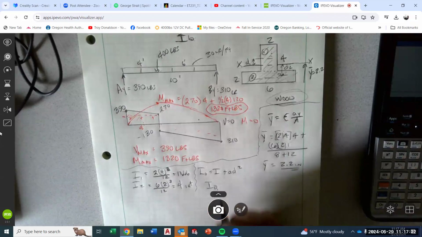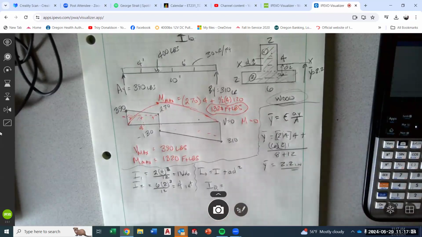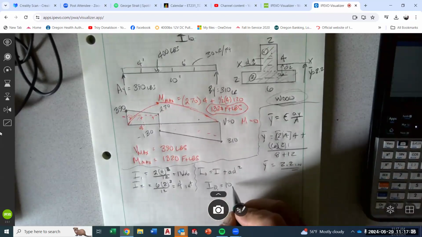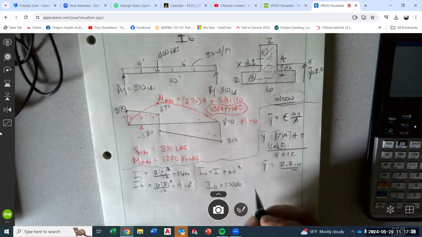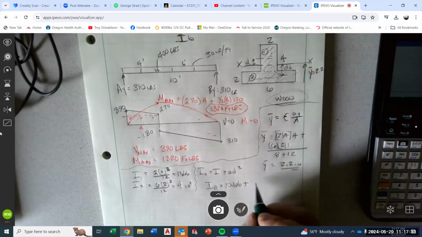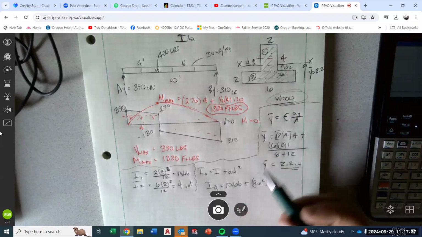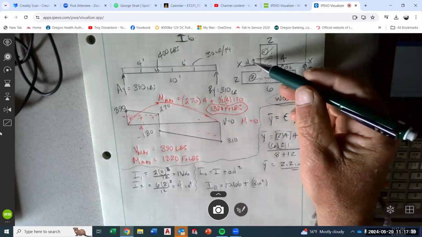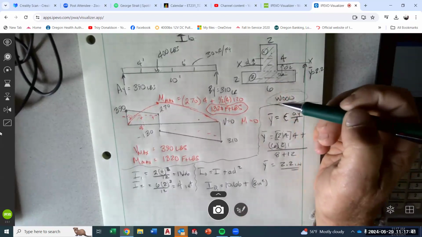So this is number 1 being transferred. That's the 10.66 plus, and the area of 1 is 8 inches squared. And then the transfer distance of 1 is right here.